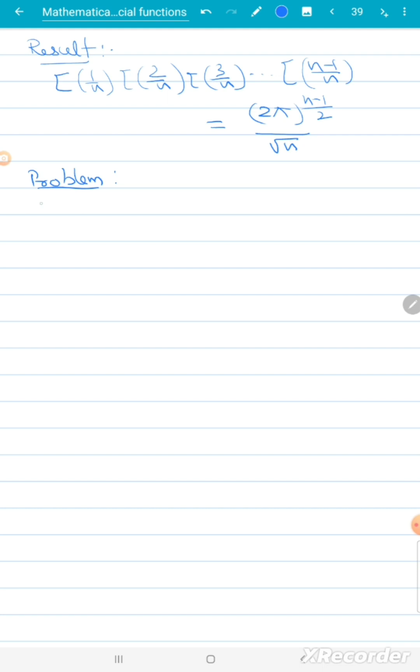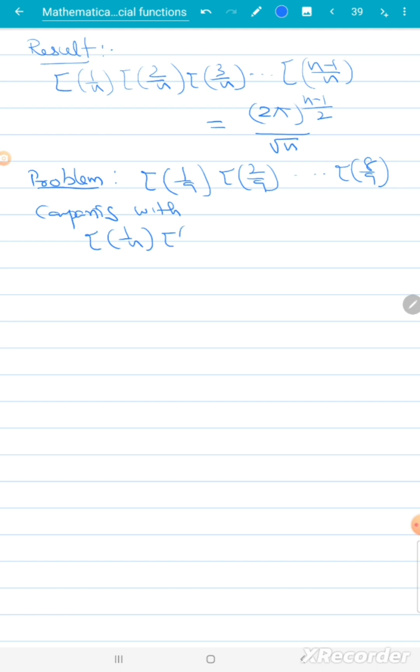Gamma of 1 by 9, gamma of 2 by 9, and so forth, gamma of 8 by 9. So observe this problem comparing with this result: gamma of 1 by n, gamma of 2 by n, and so forth, gamma of n minus 1 by n. Here the value of n is 9.